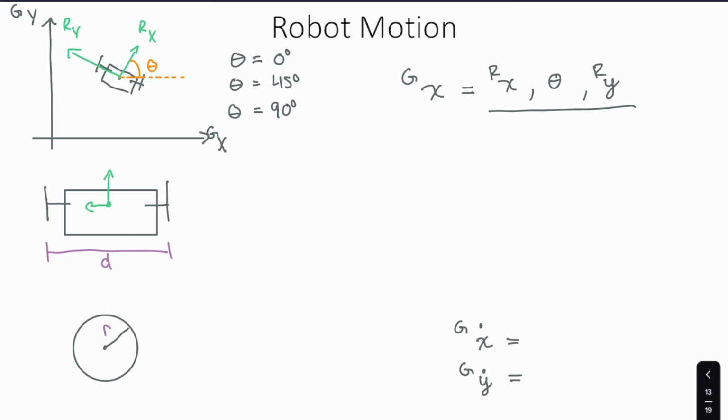But none of these actually have an impact on our value of x in the global coordinate frame. In fact, let's take a quick second here to figure out what x in the r frame and y in the r frame might be.